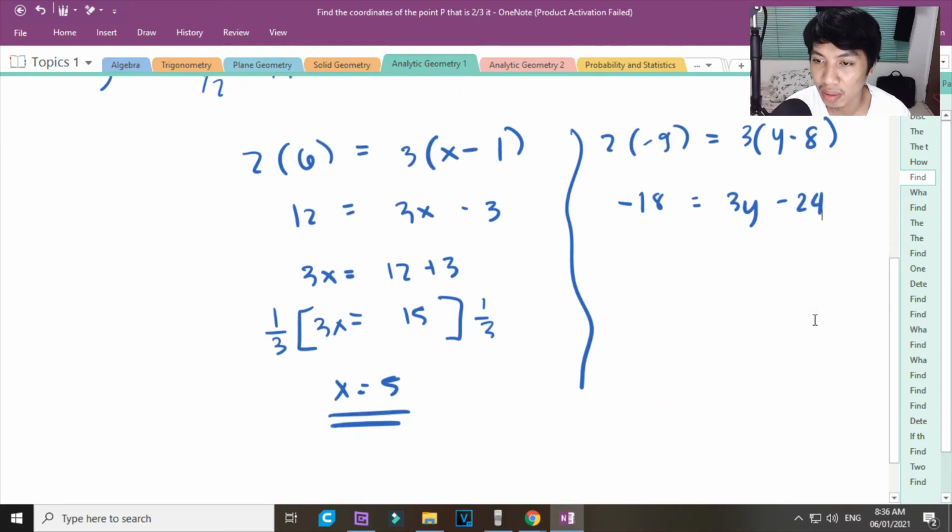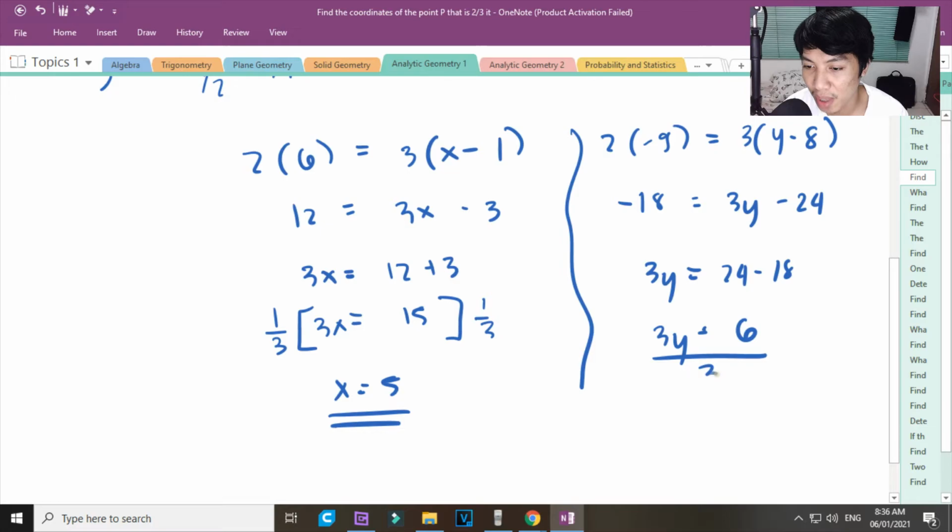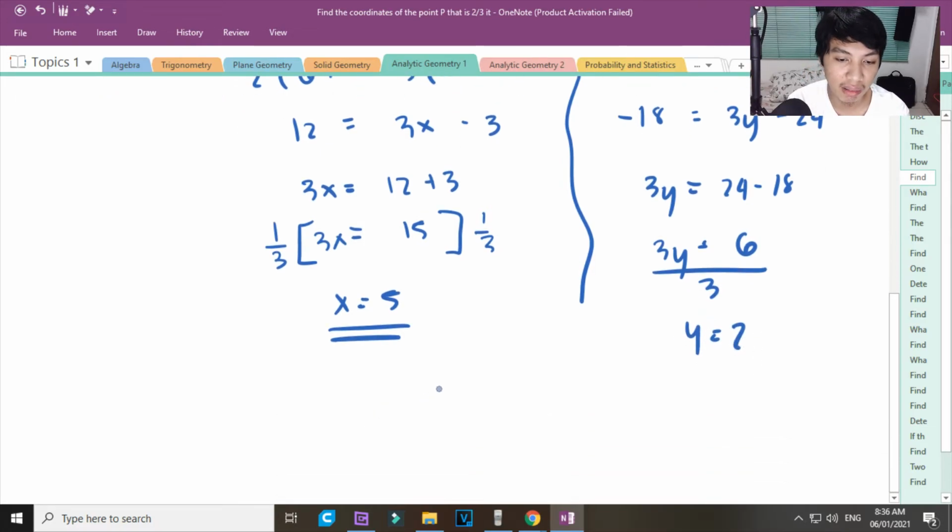Let's move it to the other side. 3y equals 24 minus 18. That is, I think, 6. 3y equals 6. Divide both sides by 3. Y is equal to 2. Now, the coordinates are (5, 2). Okay? That is the answer.